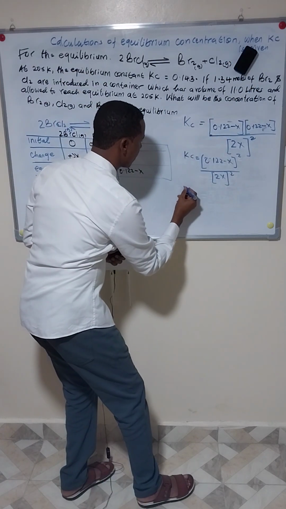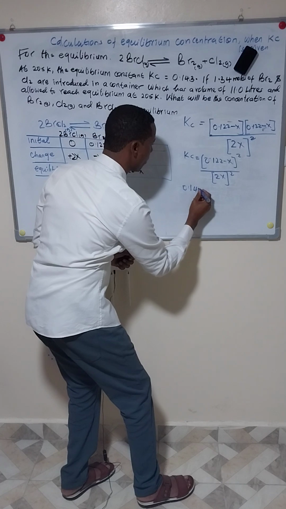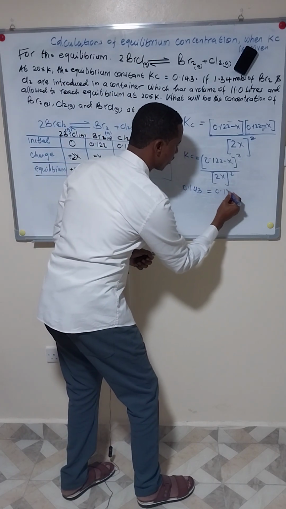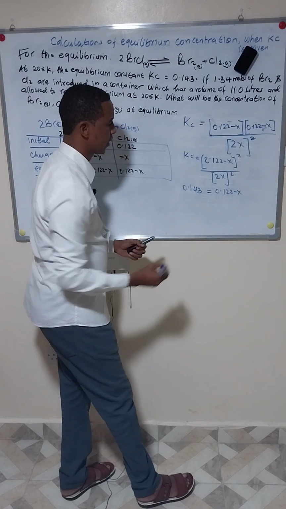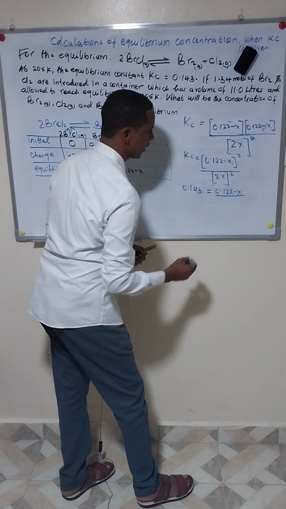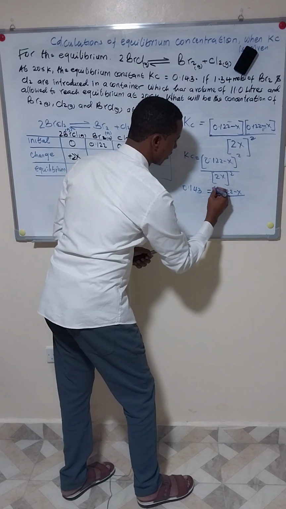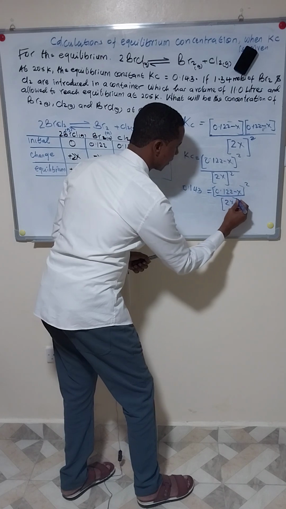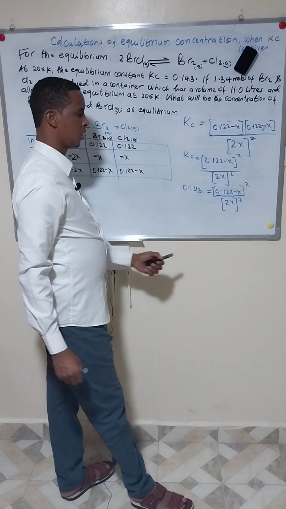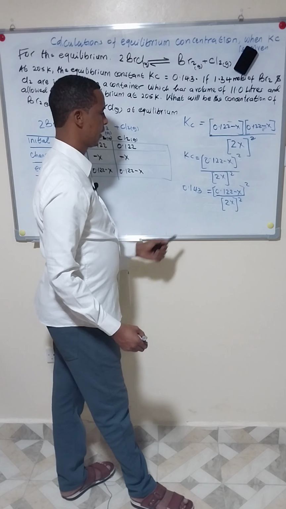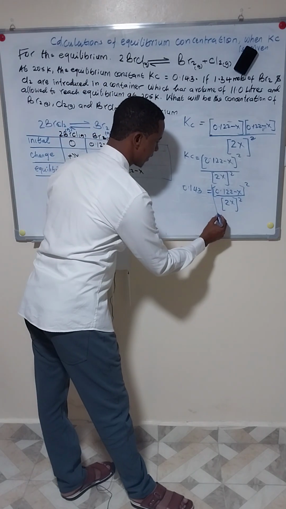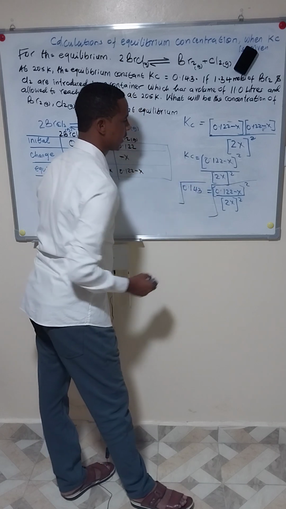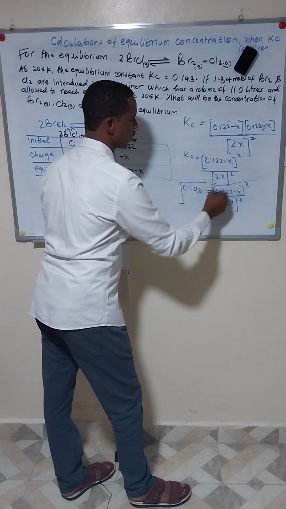So our Kc is 0.143. So 0.143 is equal to 0.122 minus x squared, all over 2x squared. For us now to remove the square, we square root both sides. The square will go with the square root.